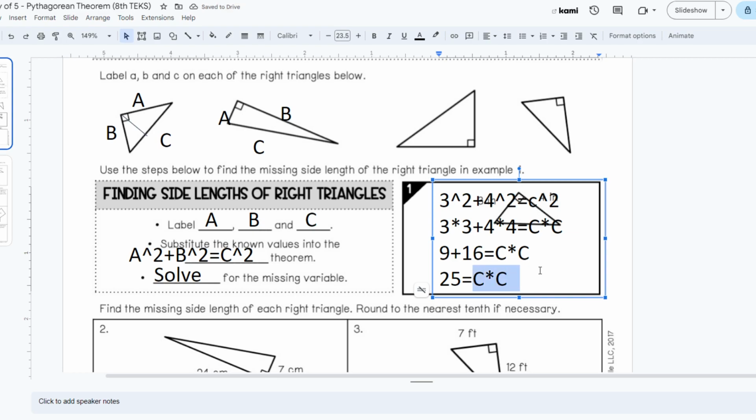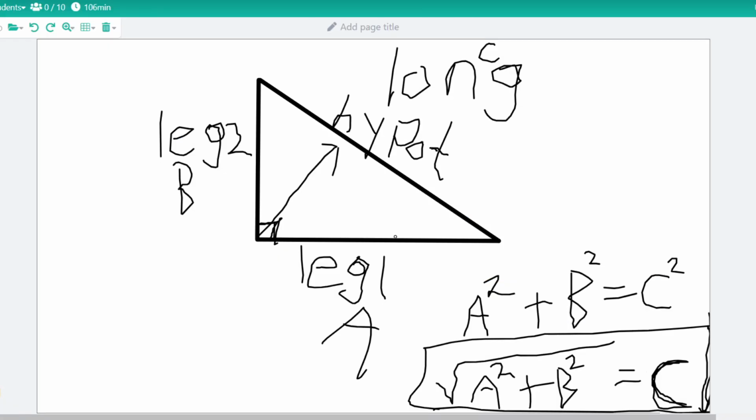So what times itself is 25? Well, this is where your calculator might come in handy. So you can either figure out this little riddle, or you can take the square root of each side and say, okay, the square root, this is where I'll switch back to here, because it's easier to write square root here.